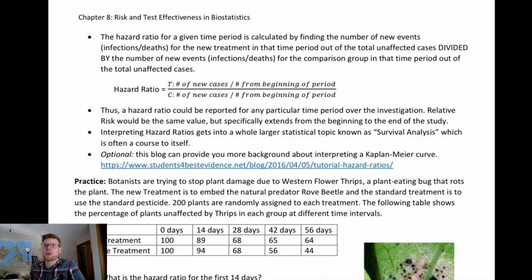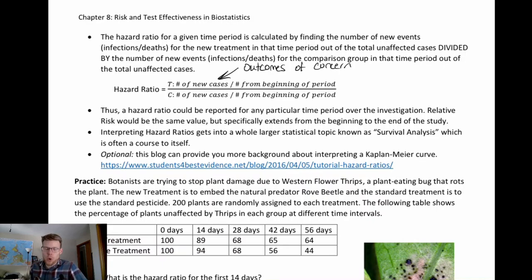A hazard ratio is calculated by finding the hazard: the number of new cases, number of new incidents. Something to point out here is that cases are outcomes of usual concern when we're doing a hazard ratio, for example death. Each new death or each new illness is going to be a case that we might be talking about.